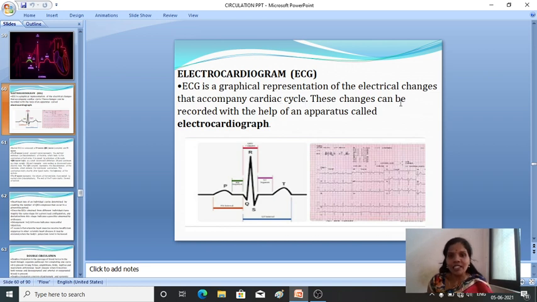These changes can be recorded with the help of an apparatus called the electrocardiograph. This is the graph obtained in the ECG, and this is how the paper will look.